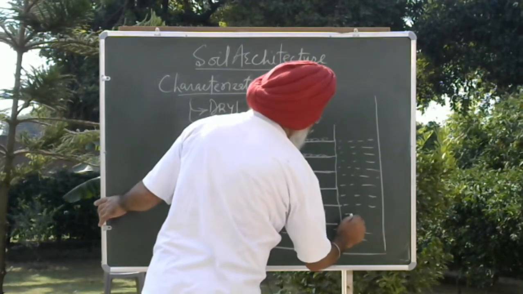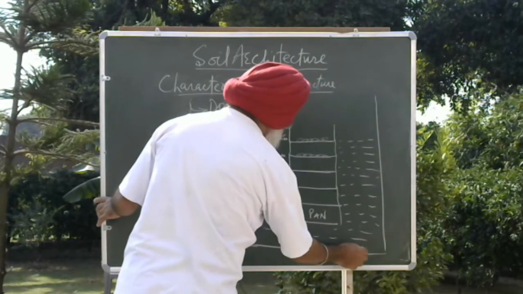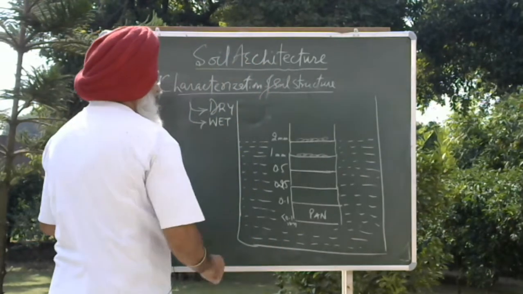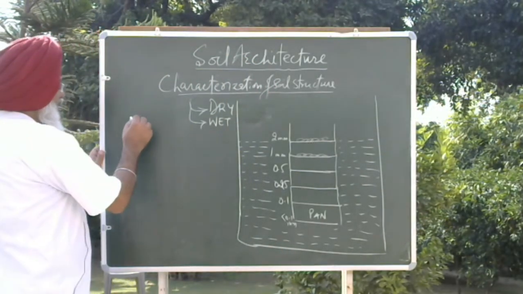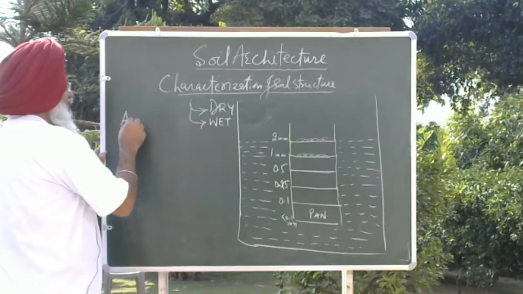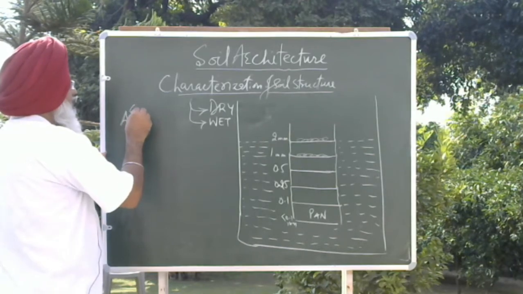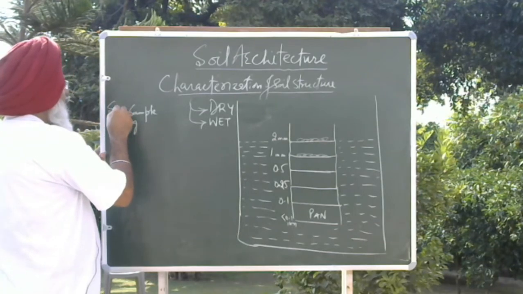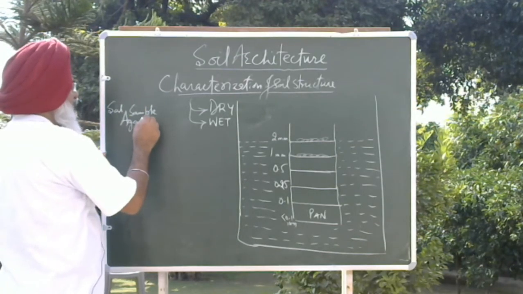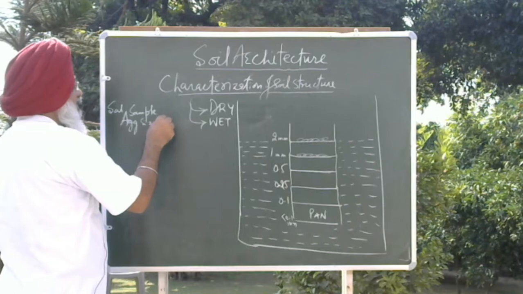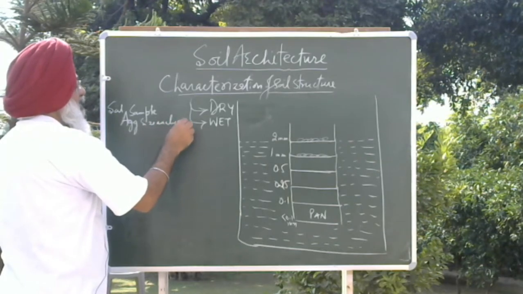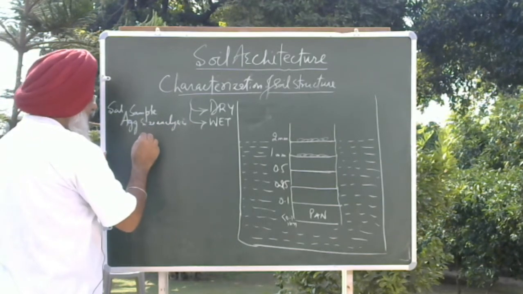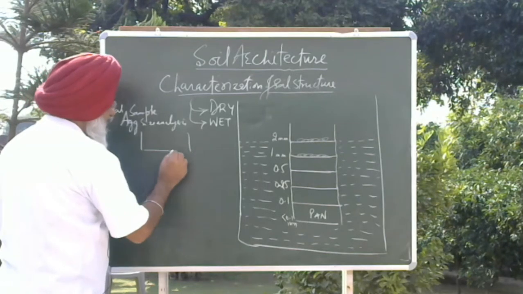In both cases, whether it is dry sieving or wet sieving, we take a sample of aggregates, or better you call it a soil sample for aggregate size analysis, which is passed through an 8 millimeter sieve.